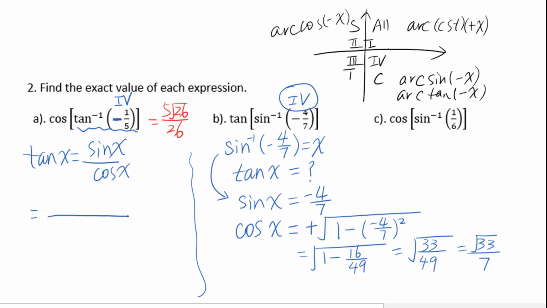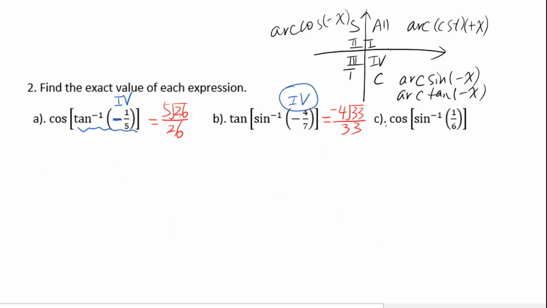Sine x is negative 4 over 7. Cosine x is square root of 33 over 7. Then reduce. You will get negative 4 over square root of 33. Simplify, you will get negative 4 square root of 33 over 33.